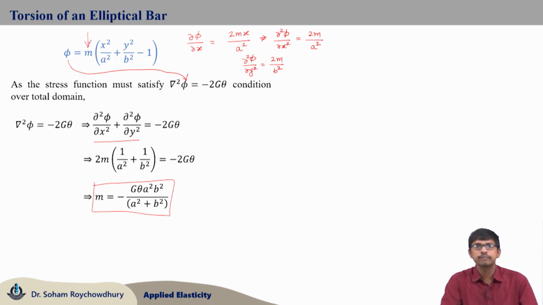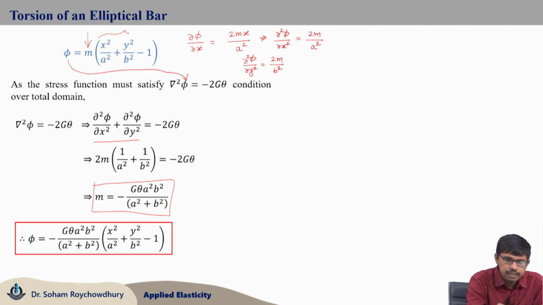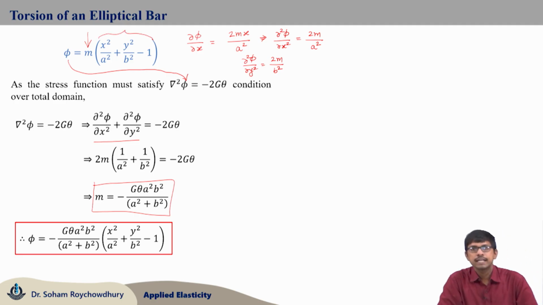This expression of m we can replace in the expression of the Prandtl stress function phi, and write the complete Prandtl stress function phi as G theta a square b square divided by a square plus b square, with a minus sign, times this equation of ellipse, x square by a square plus y square by b square minus 1.